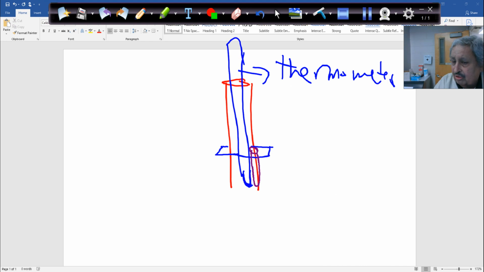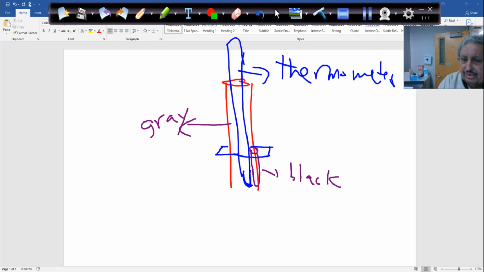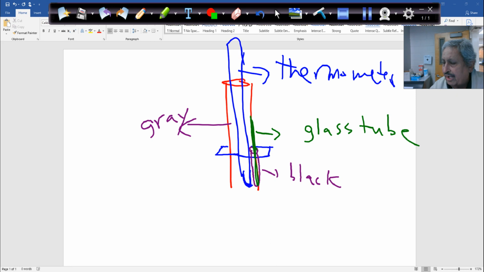The small tiny hole looks black, and the big hole is gray. You can see the color differences. So you'll put your what? You'll put your glass tube, the small tiny capillary, here.